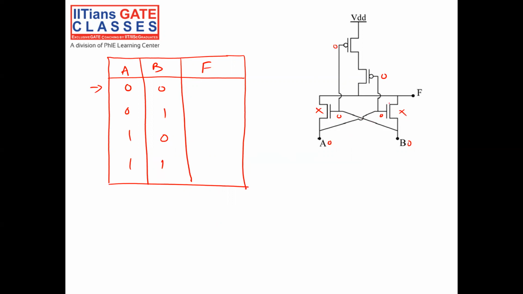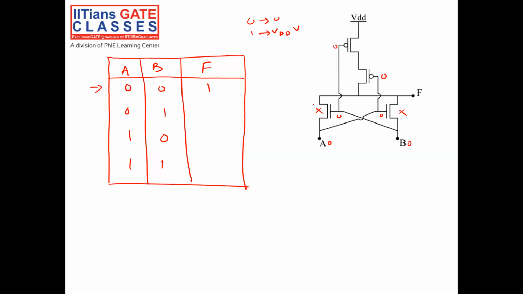And this is PMOS, so since gate is 0, I have VSG equal to VDD. Here also I have some VSG. So both are on, and we will treat them like a switch. So VDD will come to the output. VDD means I can say 1. In digital, 0 means 0 volt and 1 means VDD volt. So F is 1.